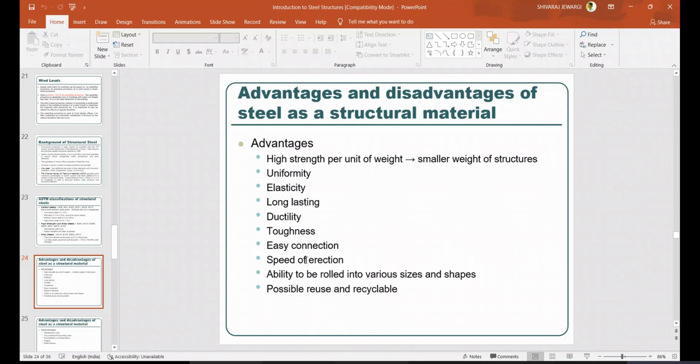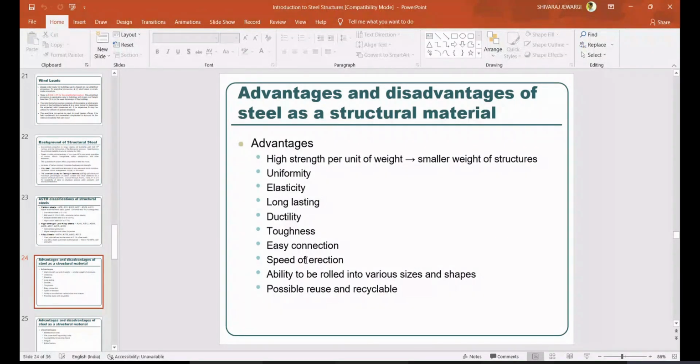They only take care of the connections, because the members, whether beams or columns, have already been prefabricated. We just take that element to the site and fix it at the particular joint, right? So thereby we are assuring very high quality workmanship and very narrow tolerances, right? This is also one of the very good advantages of steel structures.